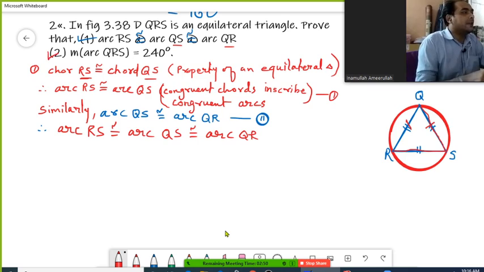Now the second part of this question is about major arc QRS being 240 degree. So we need to prove that QRS is of 240 degree.